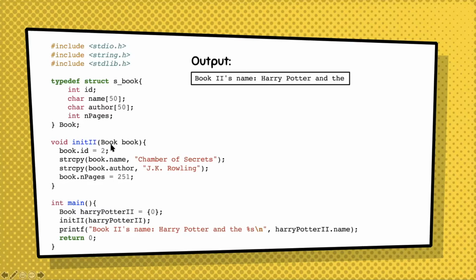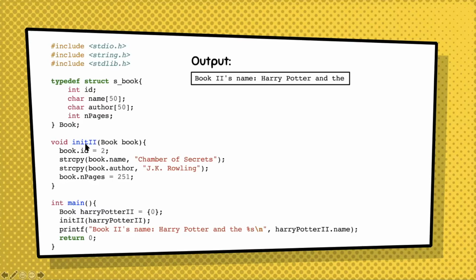So basically here, when I say book, if you look at the memory, this argument called book is different from the argument called Harry Potter 2. It just copy-pastes the content of Harry Potter 2, which is 0 in this case, to another argument named book, and then passes it into function init_to.